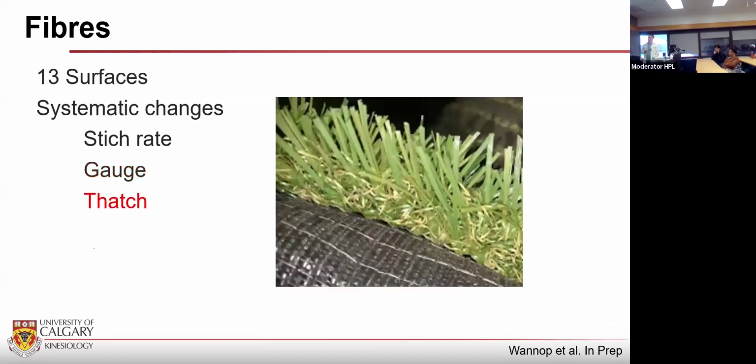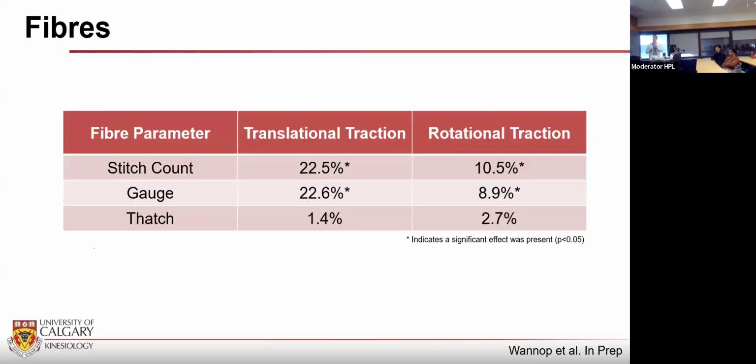And lastly, we looked at the presence and absence of a thatch layer. The thatch layer is just these smaller fibers that are right along the base of the carpet surface. It's supposed to act similar to a natural grass root zone to support the underlying ligament. So we wanted to see whether that aspect altered the traction of these surfaces. For this study, it was purely mechanical. We just did mechanical translational and rotational traction testing. We can see stitch count and gauge both had a similar effect on the traction of the surfaces.